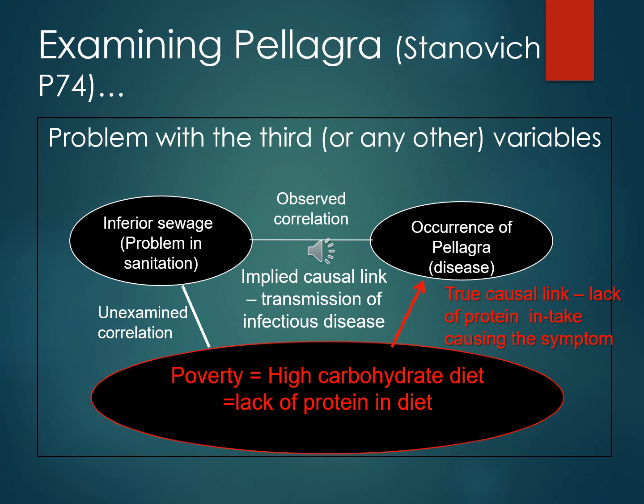However, Goldberger suspected there is a third variable: poor sewage happens in poor neighborhoods, and the people living in a poor neighborhood have a particular diet pattern, namely high carbohydrate with a lack of protein. Therefore, there is a completely different kind of causal story, namely the third variable problem identified here.